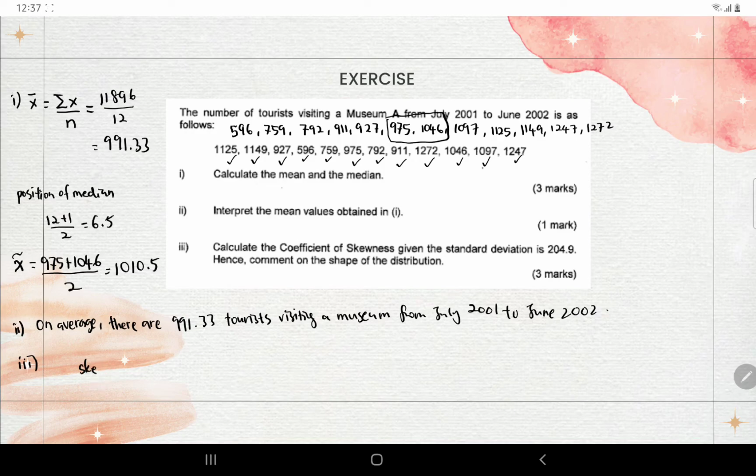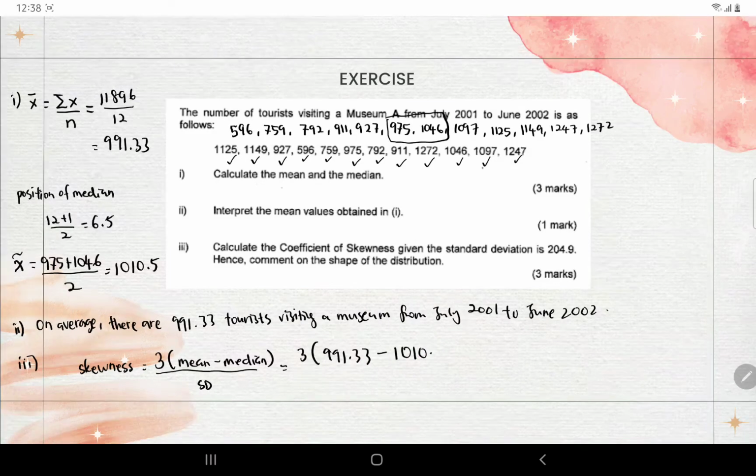The formula is 3 multiplied by mean minus median, divided by the standard deviation. Our mean is 991.33 minus the median, divided by the given standard deviation of 204.9. So the answer is negative 0.2807.